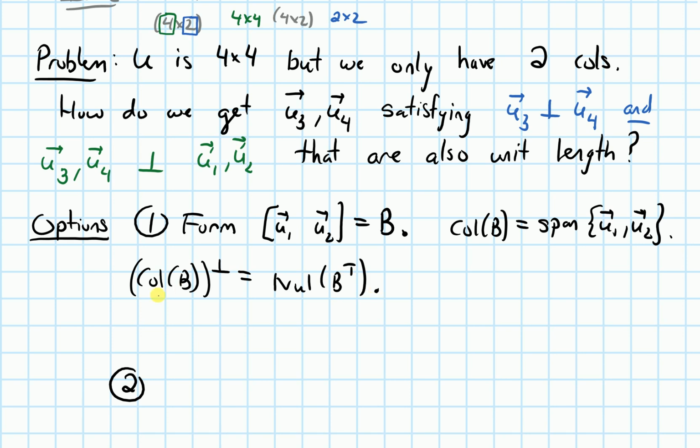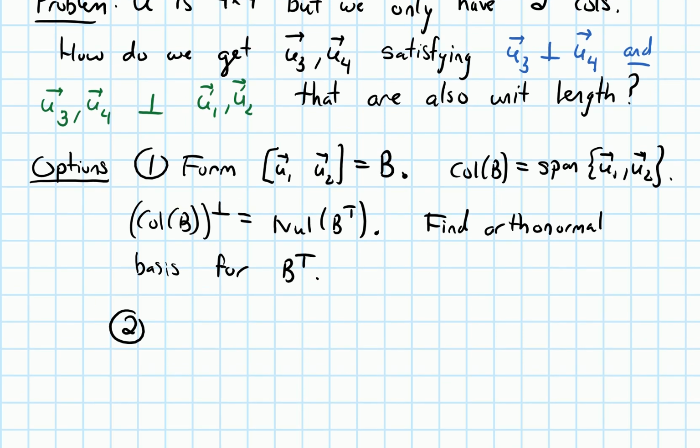So if we want to find some vectors that are orthogonal to the column space, in other words, they're definitely then going to be orthogonal to u1 and u2, we need to find an orthonormal basis for the null space of B transpose. So that's one way to go about it.